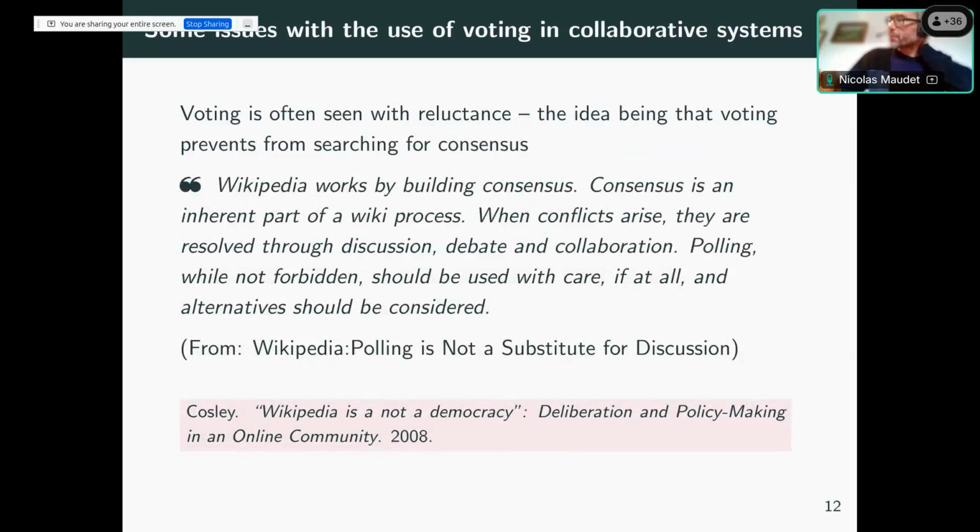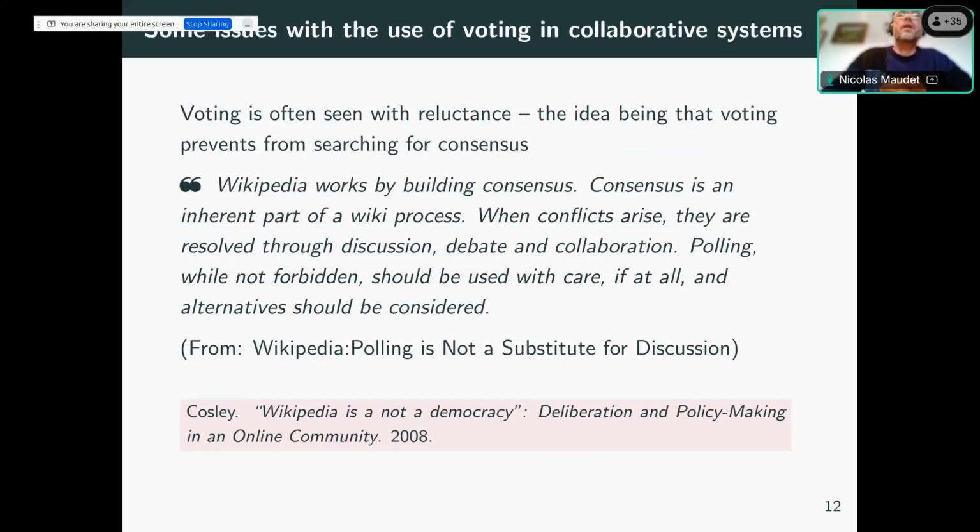First of all, when you talk about voting in this type of system, it's seen with reluctance because there is this idea that voting is a bit orthogonal to deliberation and consensus. When you look at Wikipedia and the way they talk about how to use polling, it is very careful: you can read that consensus is an inherent part of the wiki process.